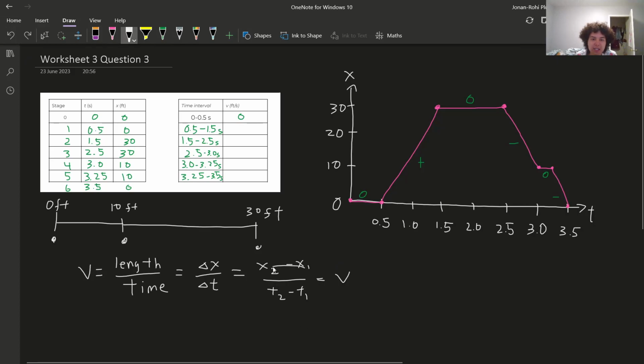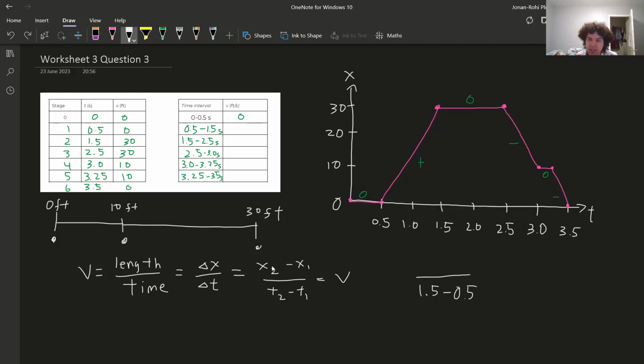So when we plug things into this equation, our denominator will be 1.5 minus 0.5. This isn't a subtraction sign in the interval, which just tells us the interval goes from 0.5 to 1.5 seconds, but here I'm writing it as a subtraction sign because we're in an equation. So our denominator is the later time minus the earlier time.